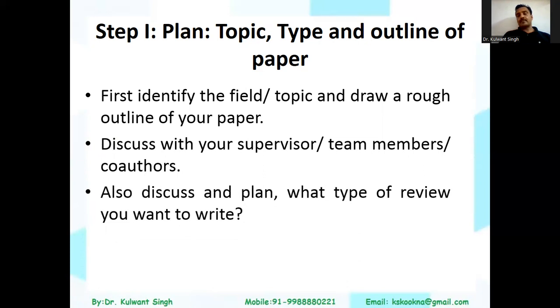Also discuss and plan what type of paper you want to write. It totally depends upon your field of study, your topic, and the content available in the literature on your topic.